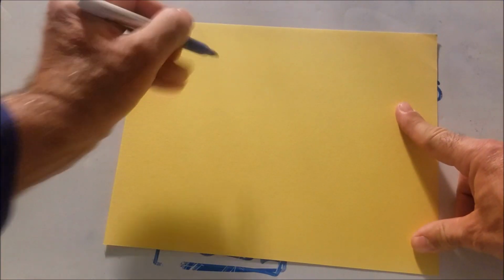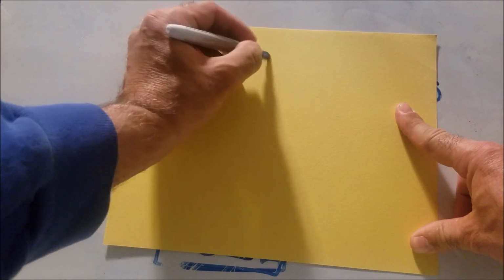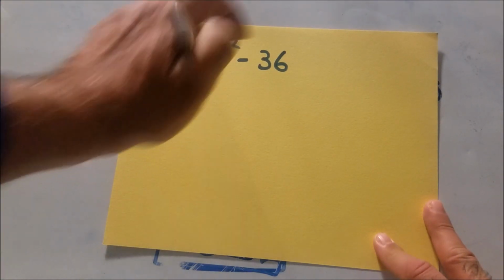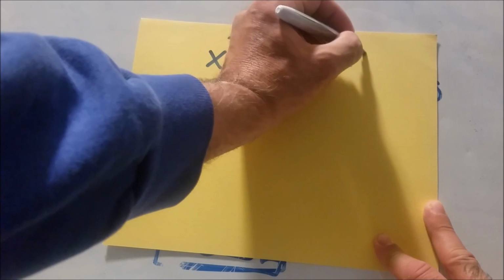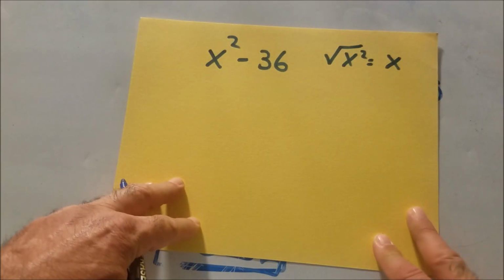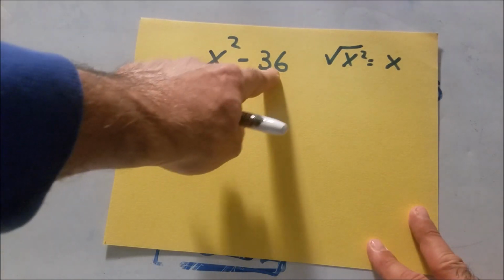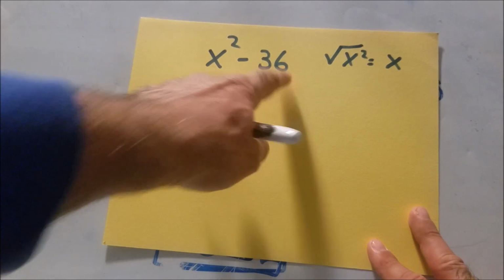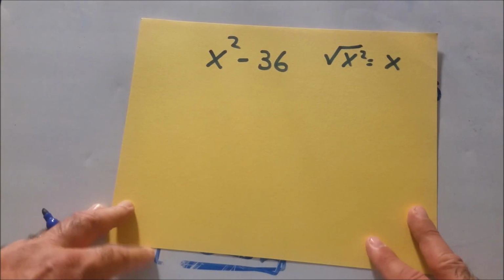I'll give you another example on that. So if I had x squared minus 36, if I take the square root of x squared, remember the square root of x squared is x, because x times x is x squared. And the square root of 36 is 6, and we have a subtraction sign. So this is the difference between two squares.